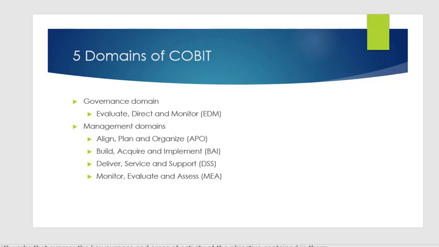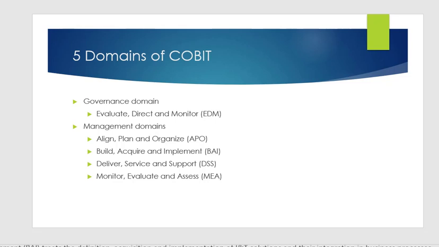In the evaluate, direct, and monitor domain, the governing body evaluates strategic options, directs senior management on the chosen strategy, and monitors the achievement of the strategy. Under the management objectives, the align, plan, and organize addresses the overall organization, strategy, and supporting activities for information technology. The build, acquire, and implement treats the definition, acquisition, and implementation of information and technology solutions and their integrations in business processes.